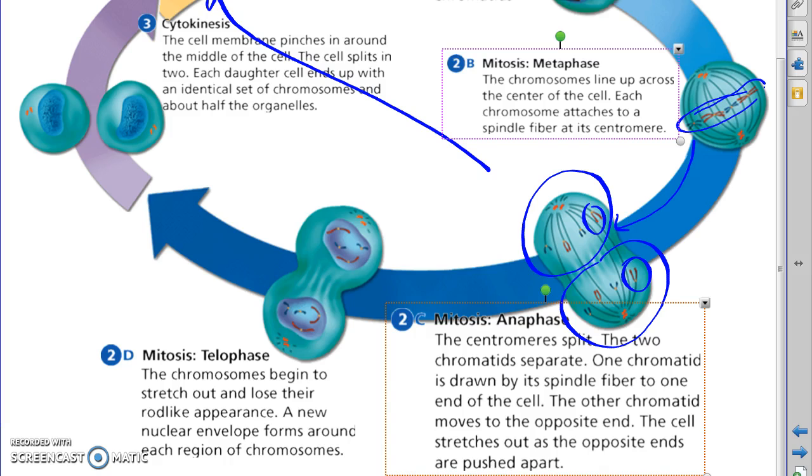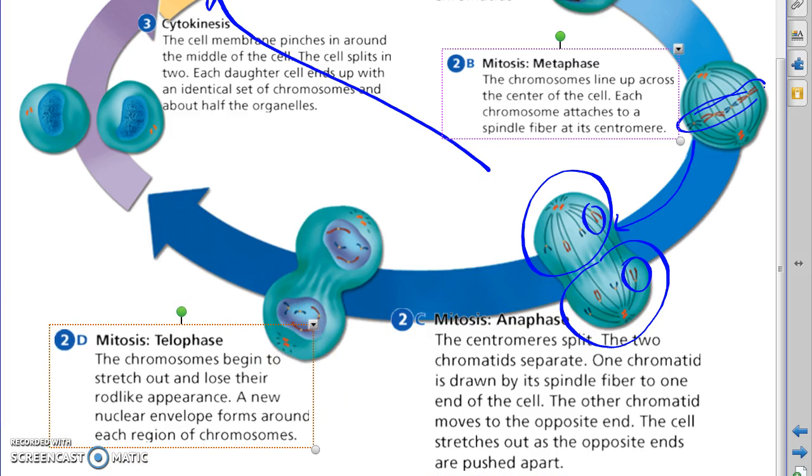Next, we have telophase. So in telophase, we've now split the chromosomes. So now that there's identical chromosomes in each half of what will soon be 2 cells, but right now is still only 1 cell, we now have 2 nuclear membranes forming around the chromosomes. This is going to help create 2 nuclei.